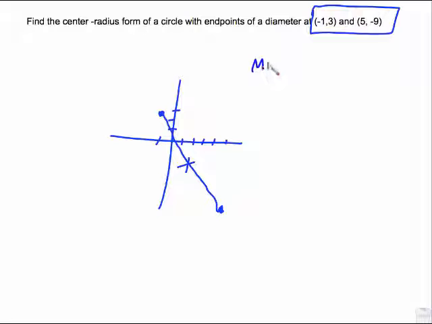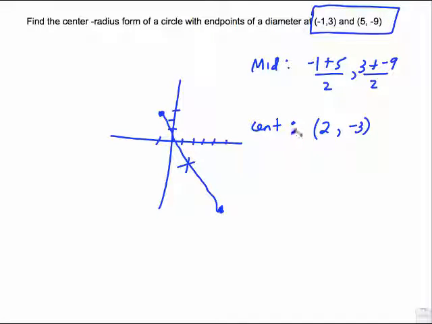So use the midpoint formula to find your center. The midpoint is the x's added up, negative 1 plus 5 over 2, comma, the y's added up, 3 plus negative 9 over 2, and simplify. Negative 1 plus 5 is 4, over 2 is 2. 3 plus negative 9 is negative 6 over 2, which is negative 3. So right there, by finding the midpoint of that diameter, I have found the center.